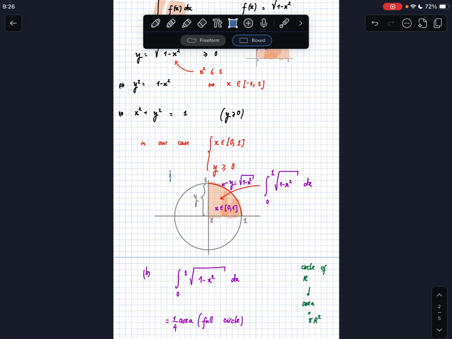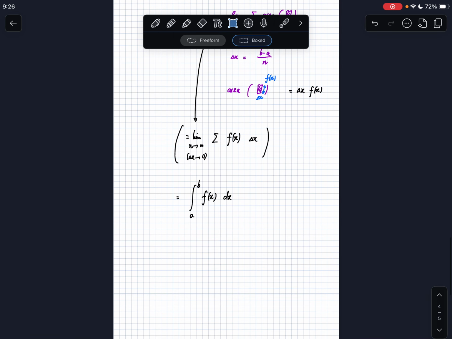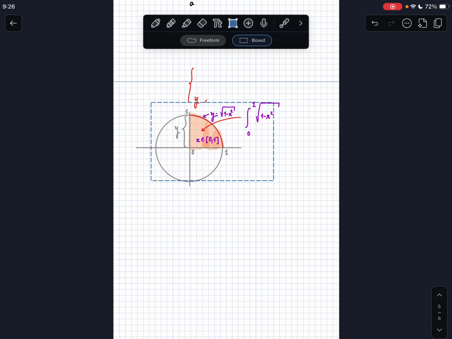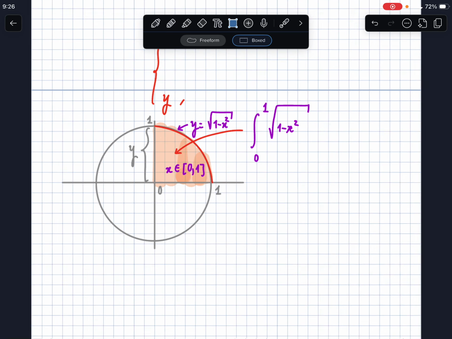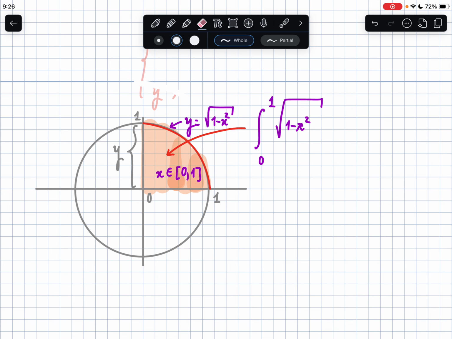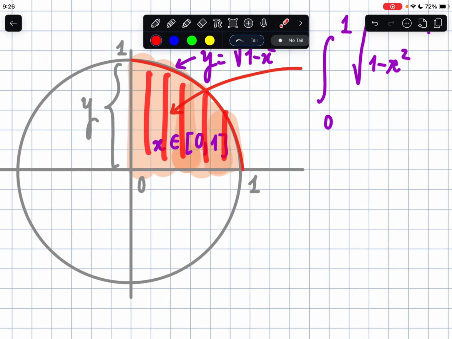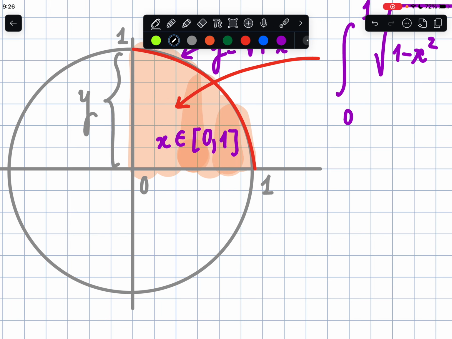Now we write down for this case. Dividing this region into thin rectangles, we can cut it into n rectangles.